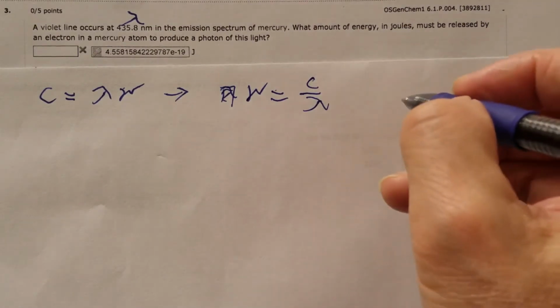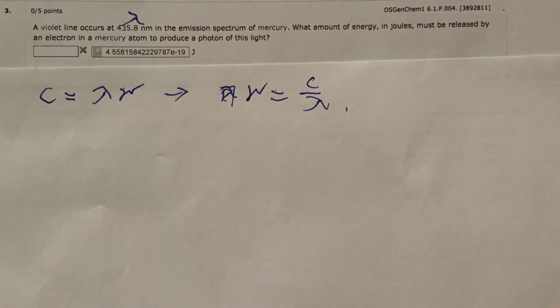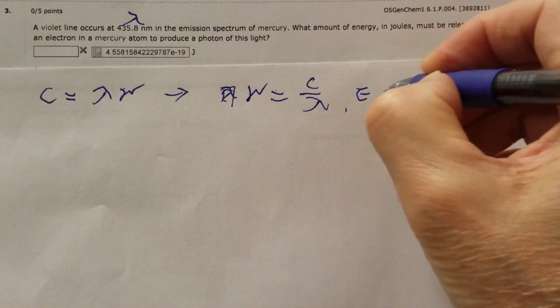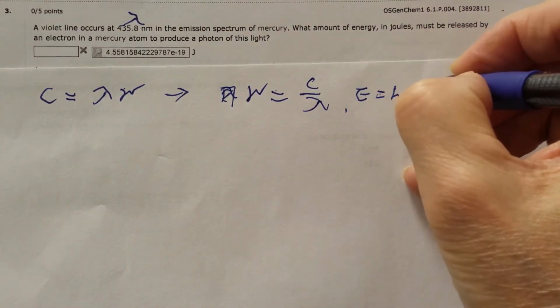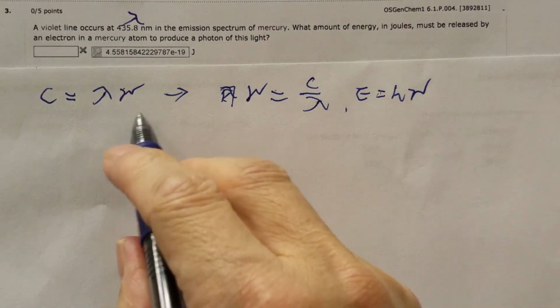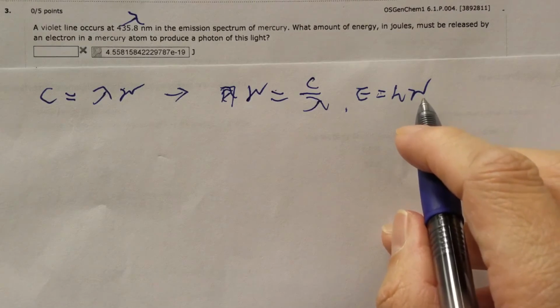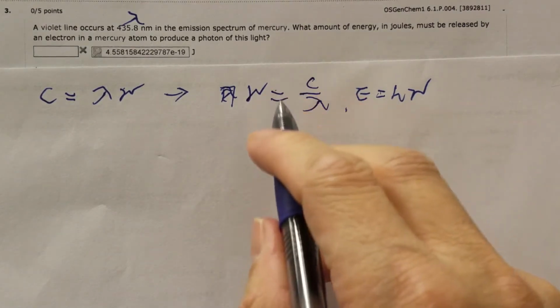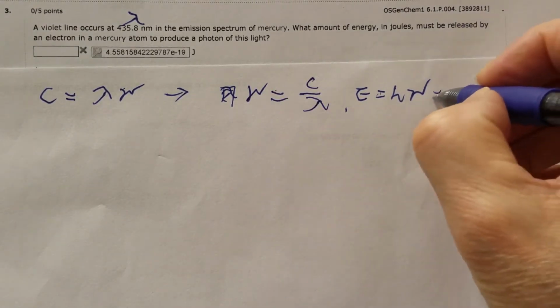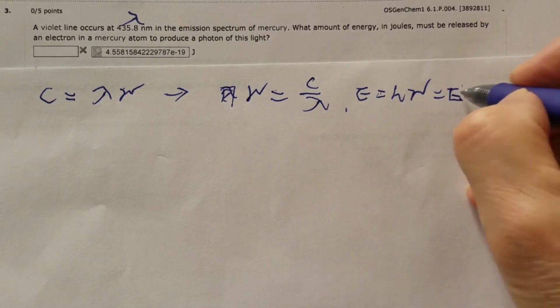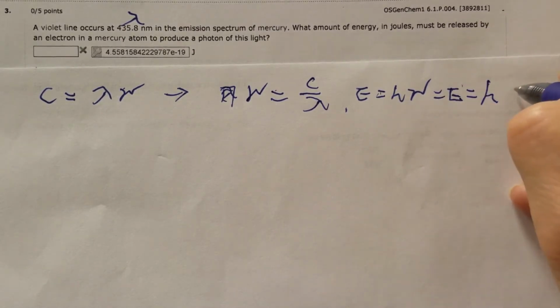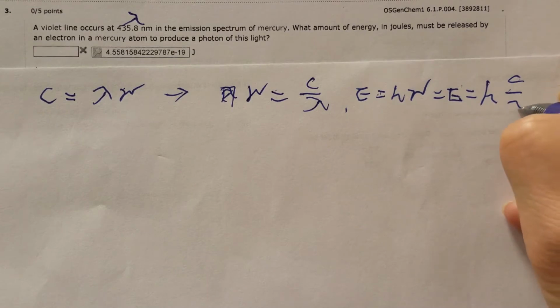Now the particle nature, E equals h nu. Is that right? So E equals h nu, and then nu equals c over lambda. So therefore, we can rewrite this: E equals h c over lambda.